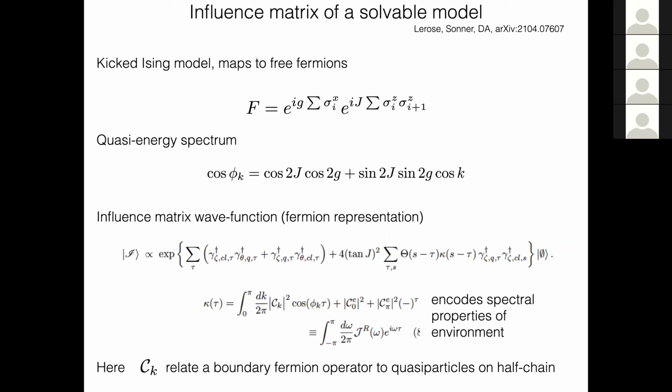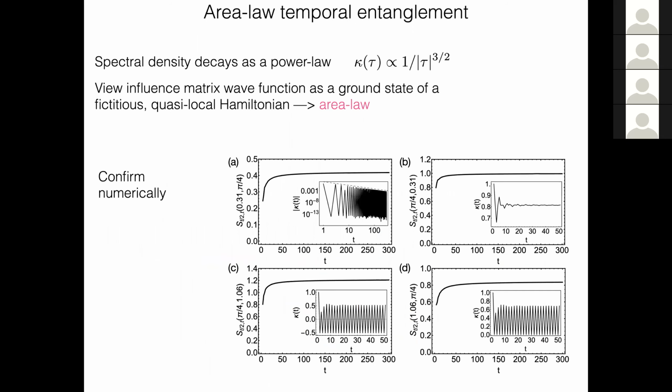You see phi_k popping up here, and also this coefficient c_k, which tells you how a fermion operator at the boundary is related to quasi-particle operators. Of course, in this approach you are thinking about the half chain acting as a bus for a chosen spin. Effectively, this gives you an expression for the spectral density of your bath, not relying on the smallness of coupling. So this is an exact answer.